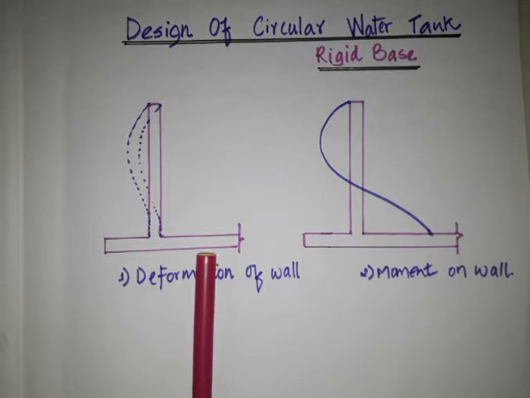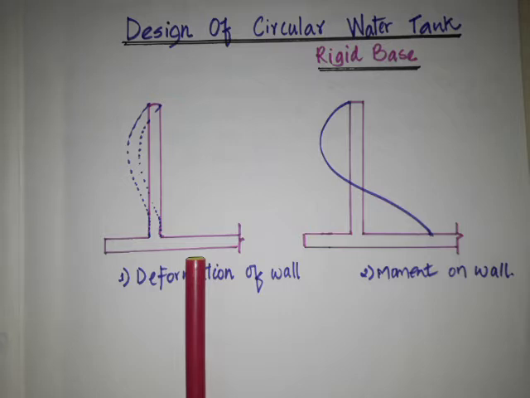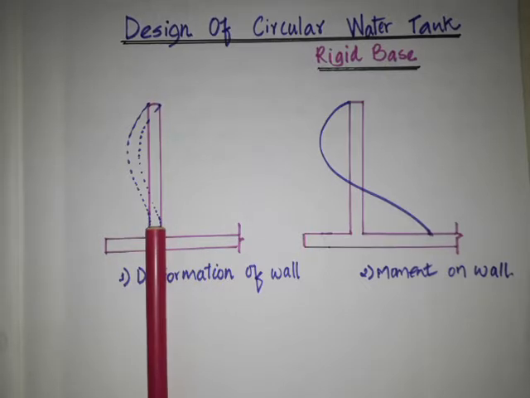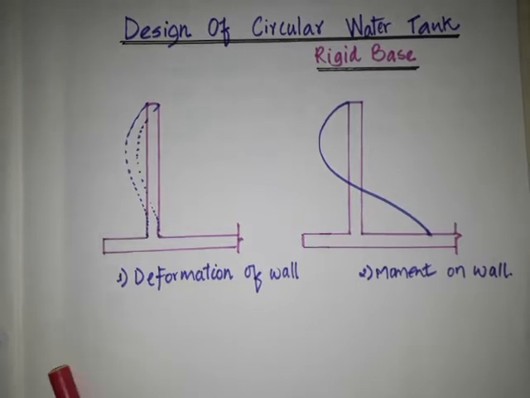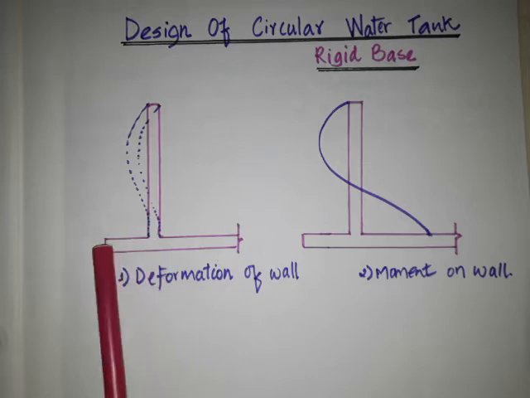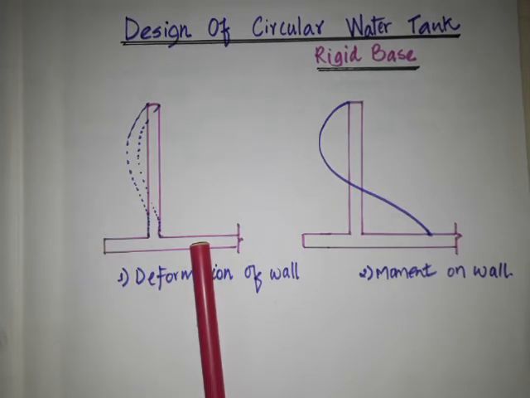In the last session we solved problems on the design of circular water tank with flexible base, where there is no connection, or the wall is not fixed with the floor slab. When we say it's a flexible base, the wall is not fixed with the base slab. But when we design the water tank with rigid base, that means the wall is fixed with the base slab, or the floor slab.